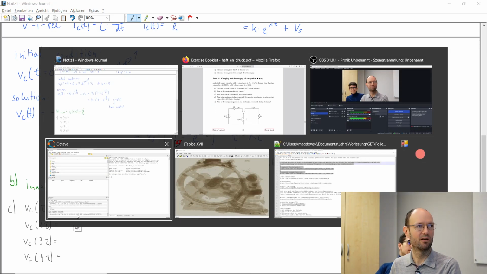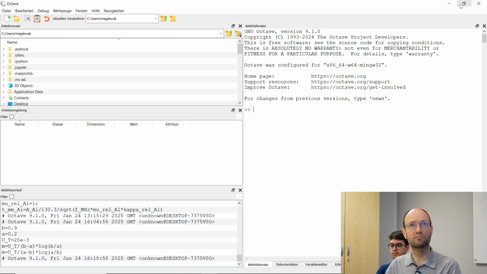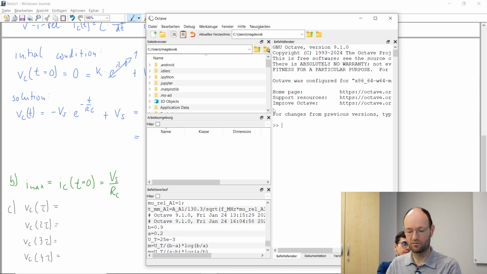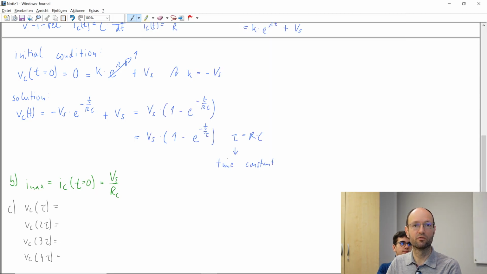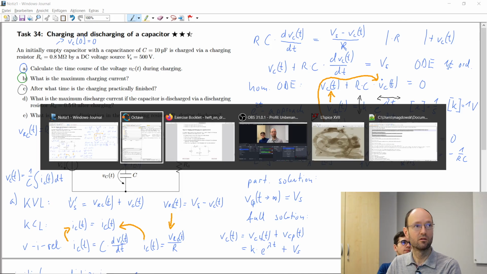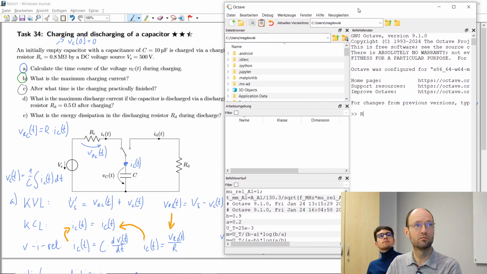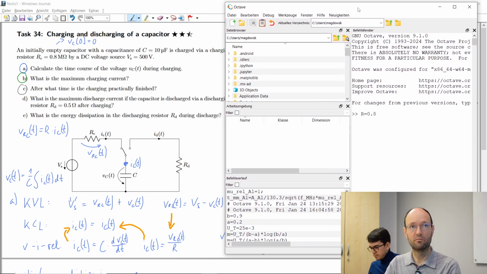So I have Octave here, and I can make it a bit smaller and insert the values here. So the resistance should be 0.8 mega ohm, and mega is 10 to the power of 6, and the capacitor is 10 microfarad, and micro is 10 to the power of -6.